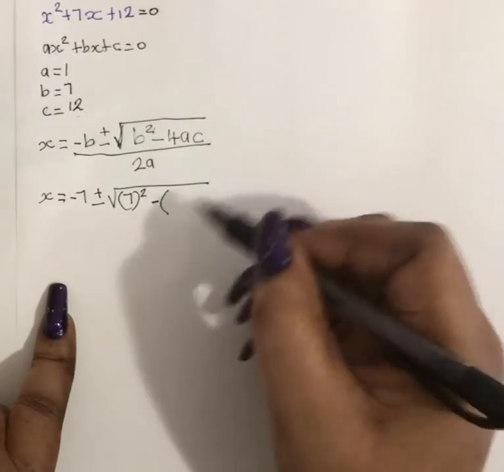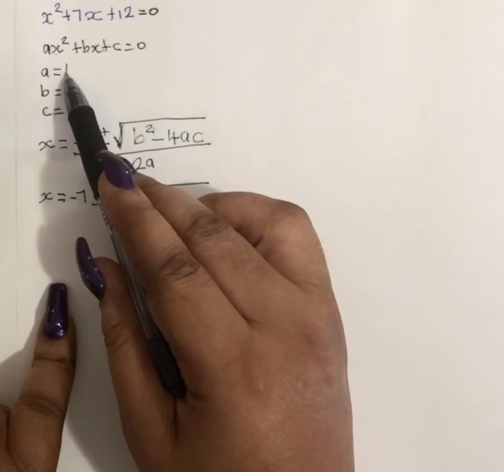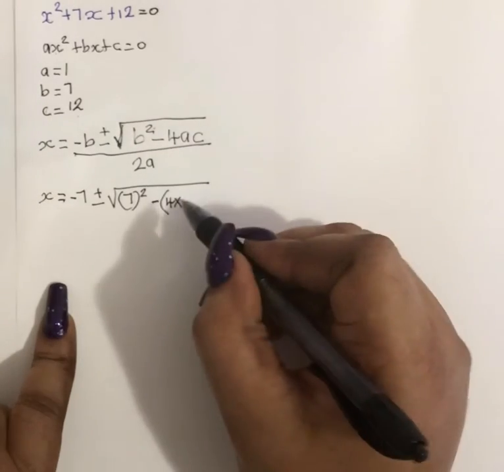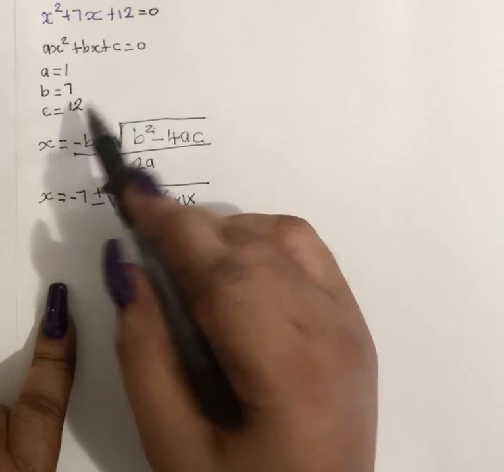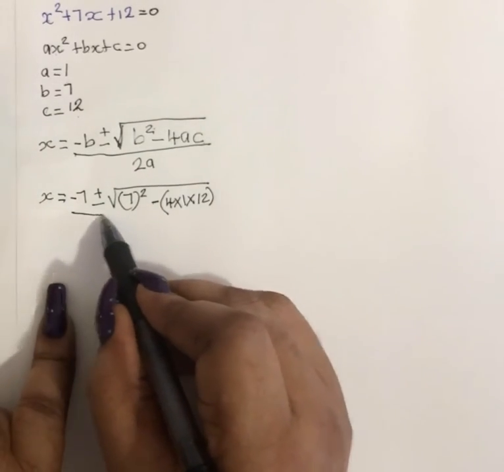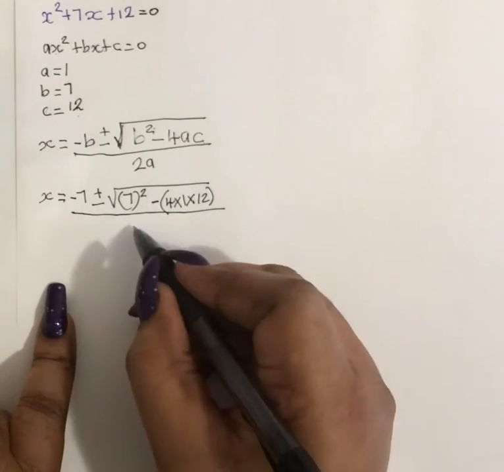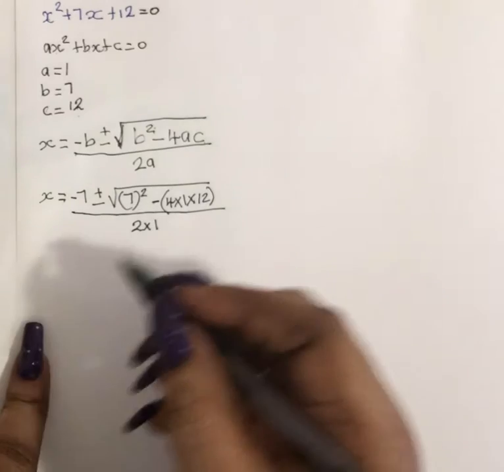Then I'm going to subtract 4 times a is 1, times c is 12. Once I'm finished with that, I will divide everything by 2 times a is 1.